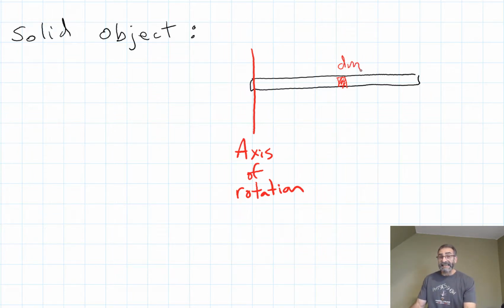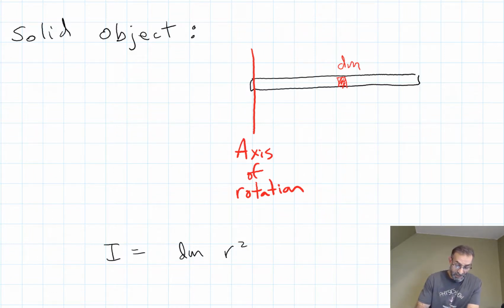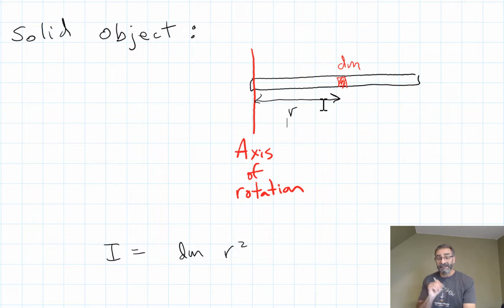We call that dm. That's how much mass is in that little tiny chunk. And we say, what's the rotational inertia of that little chunk? It's equal to its mass times the square of the distance to the axis of rotation. That would be this distance right here. That's the rotational inertia of one little tiny chunk of mass.